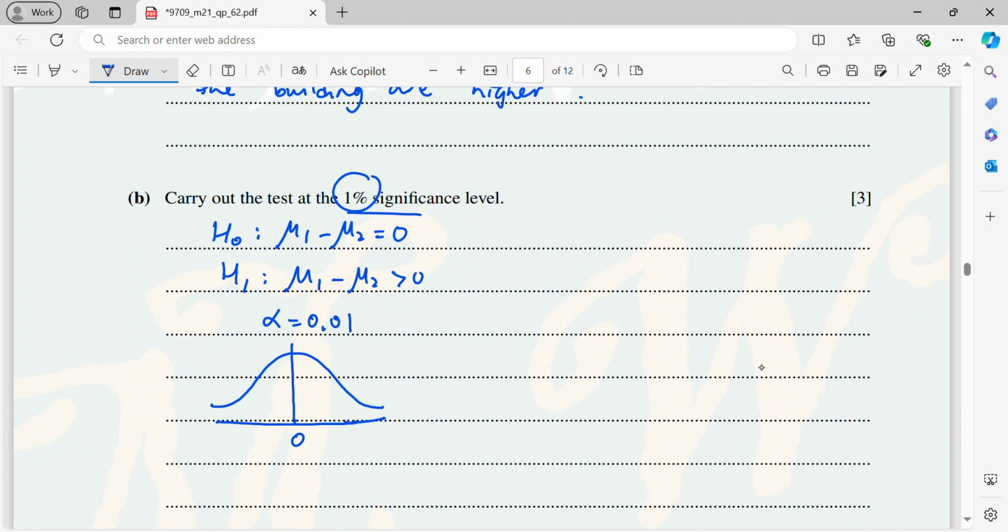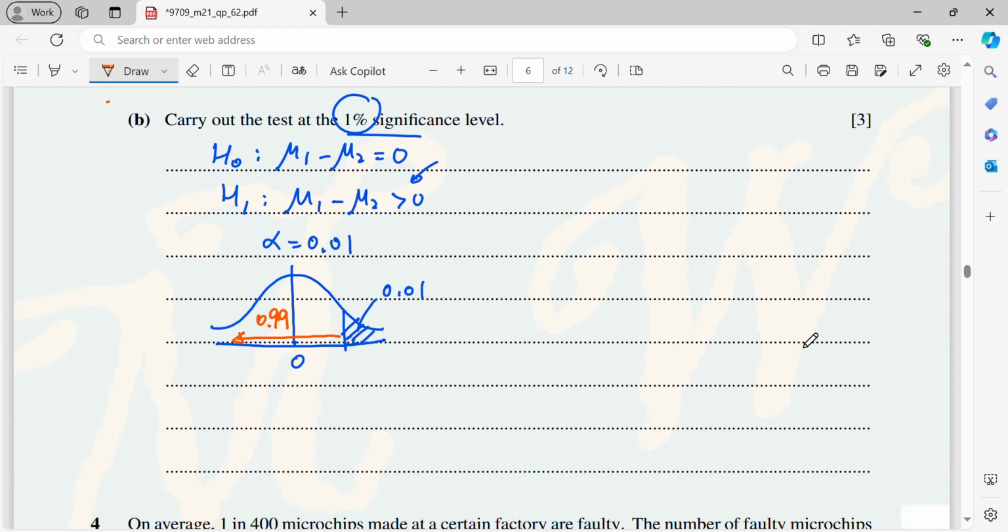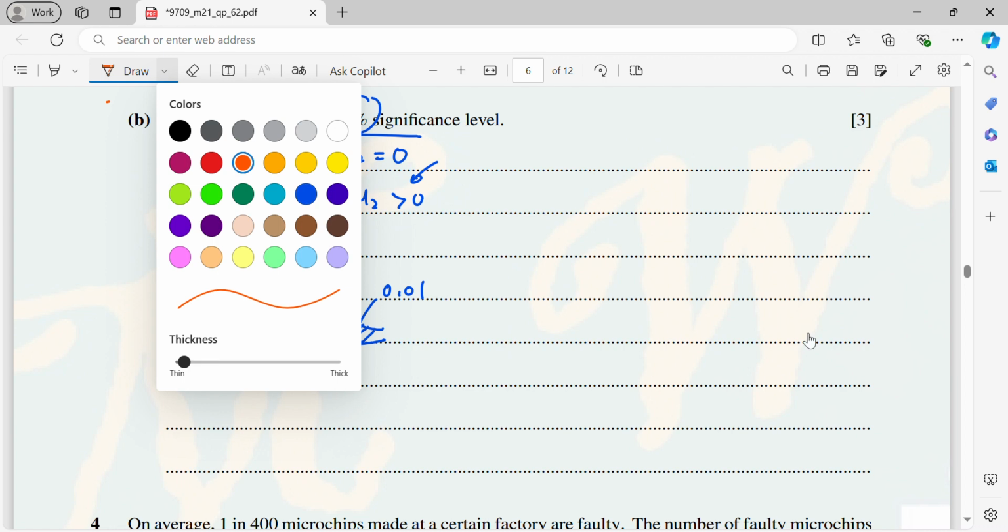So when it is greater than in the H1, that means it is an upper tail test. So the area of the region is 0.01. Then from the normal table, you read the probability of 0.99. This value is obtained from the body of the normal table, and at last you will be getting 2.326.